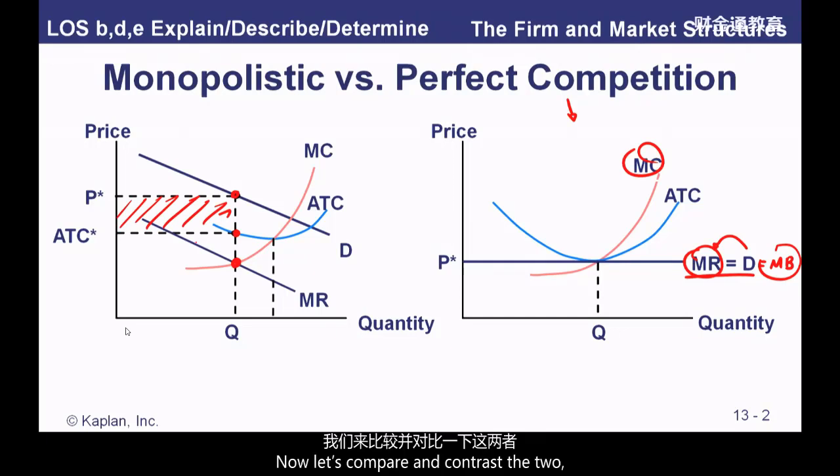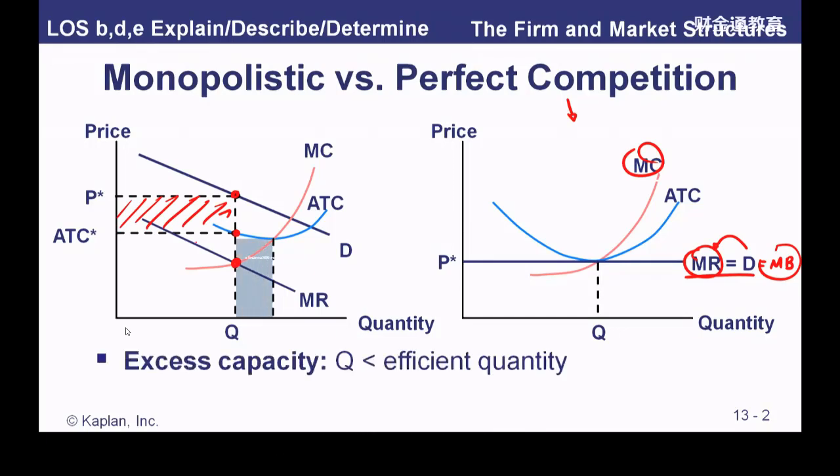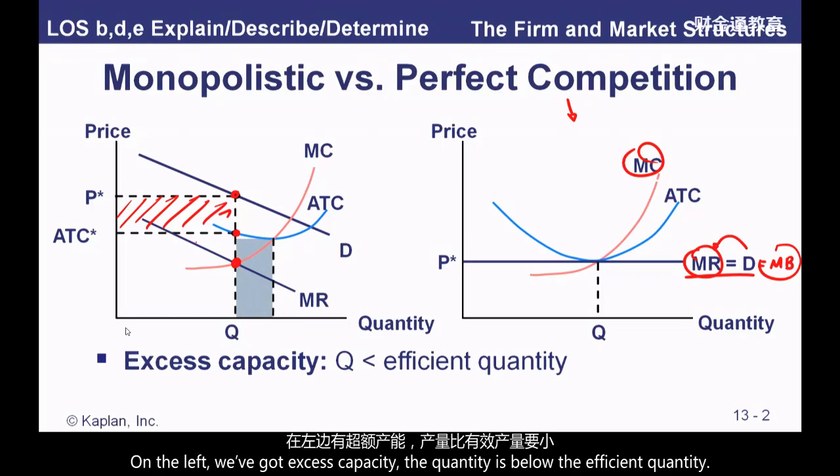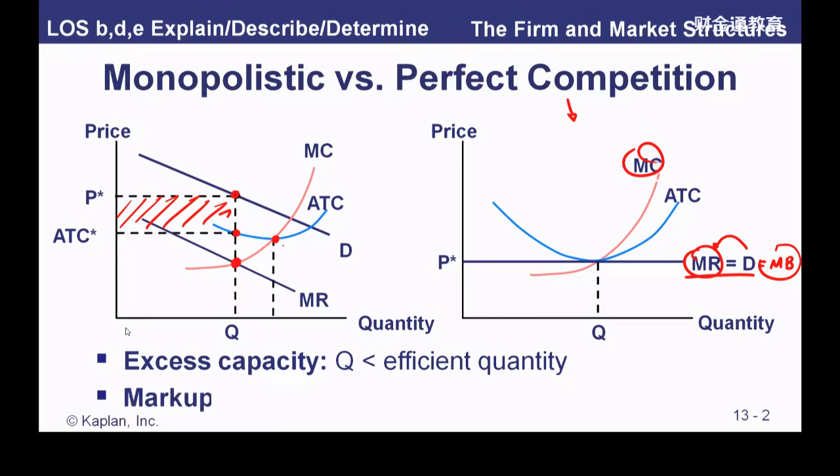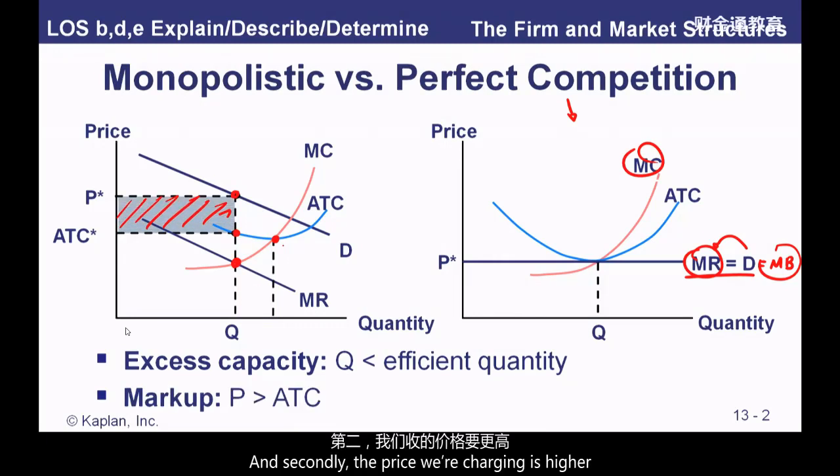Now to compare and contrast the two, on the left, we've got excess capacity. The quantity is below the efficient quantity. Why? We are not at the minimum average total cost. And secondly, the price we're charging is higher because it's been marked up above ATC.